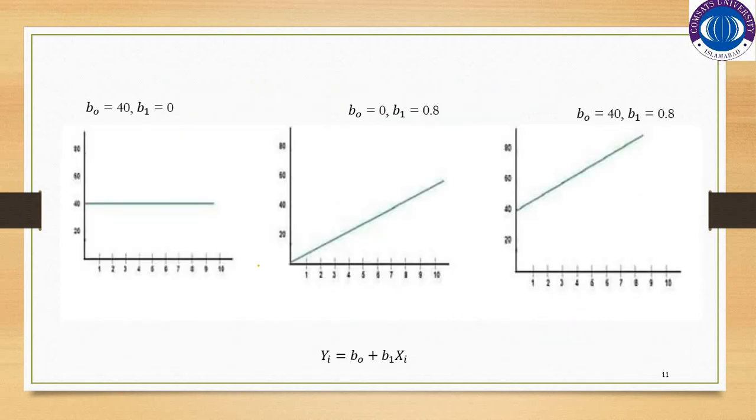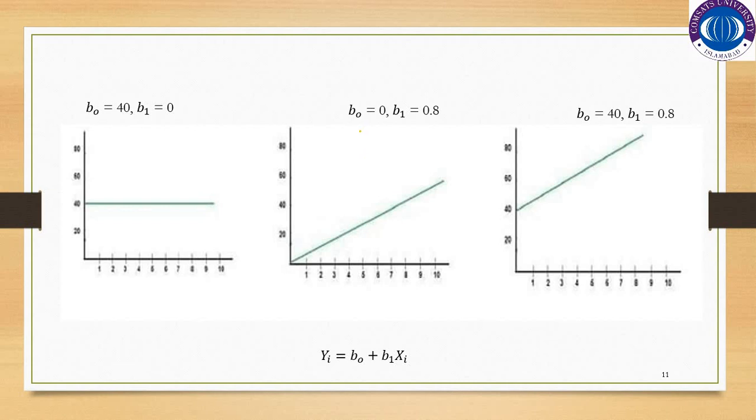These are some previous concepts about the straight line. If you have the line y is equal to beta naught plus beta 1 xi, here we have beta naught equal to 40 and beta 1 equal to 0. As beta naught is the intercept, the starting point would be 40, and as slope is used to determine the inclination of the straight line, beta 1 as slope is 0, so this would be a horizontal line.